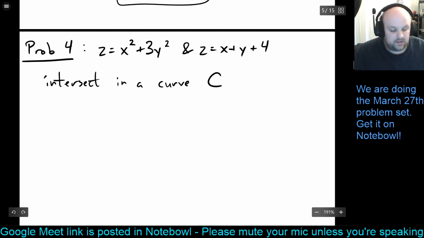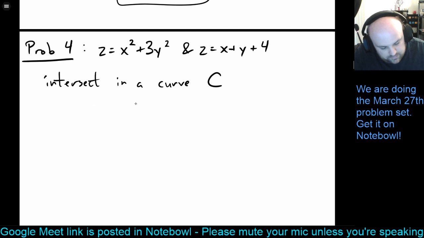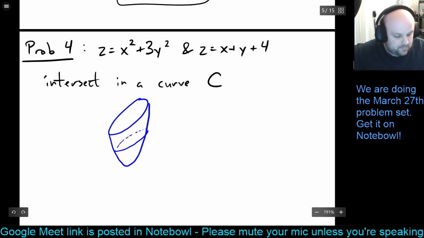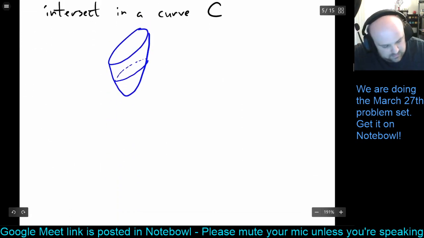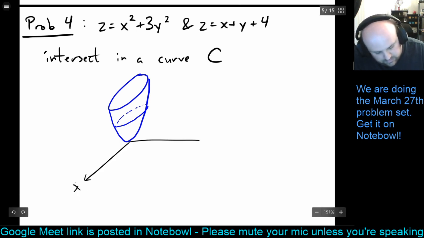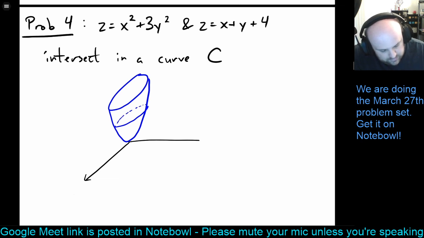So maybe a quick sketch of what this looks like. You have your paraboloid here. Oops. I drew this in the wrong way. It's fine. We'll live.